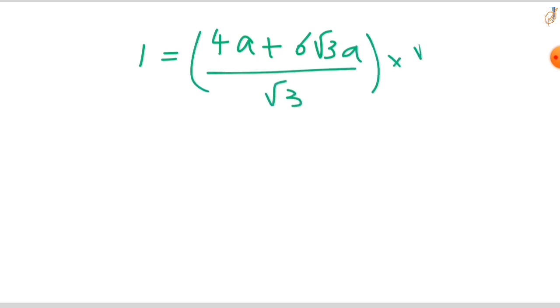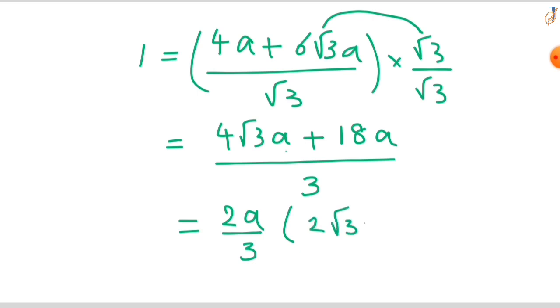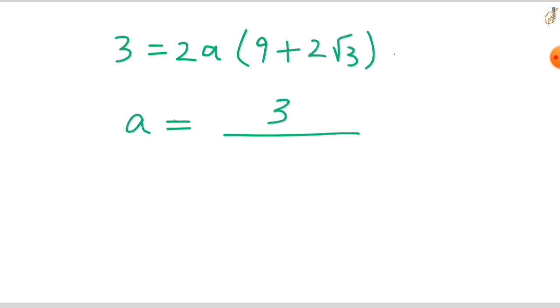If you multiply and divide by root 3, then you will get 4 root 3 A plus 18A over 3. If you take 2A over 3 as common, then you are left with 2 root 3 plus 9, which is equal to 1. So 3 equals 2A times (9 plus 2 root 3). So then A equals 3 over 2 times (9 plus 2 root 3).